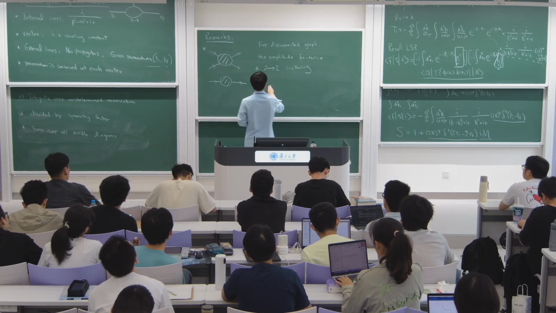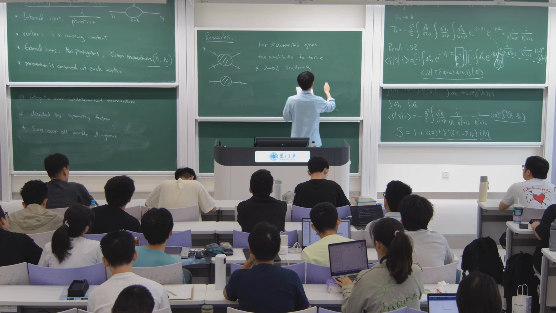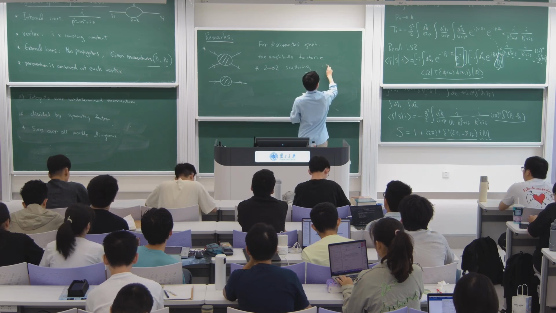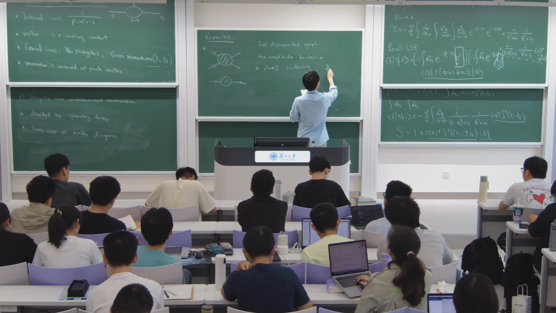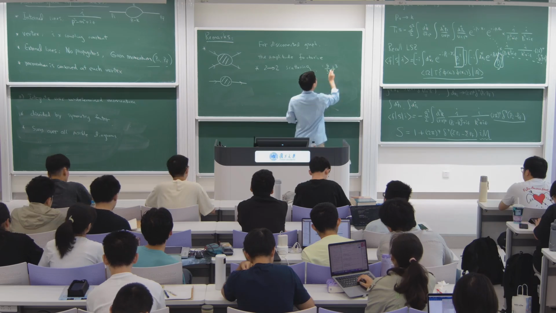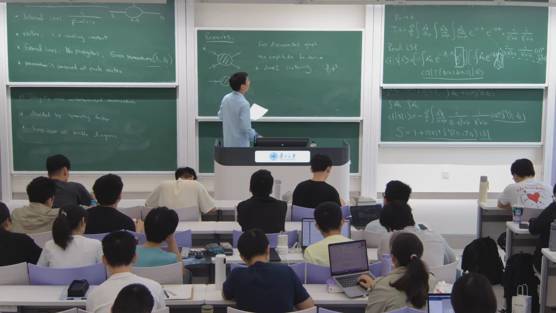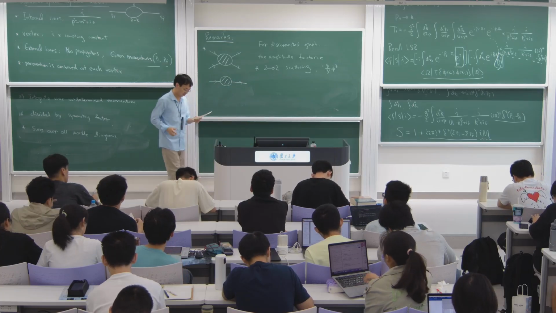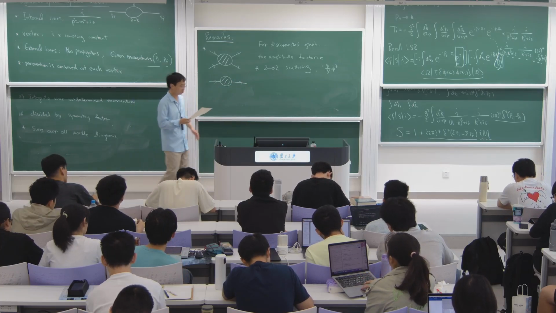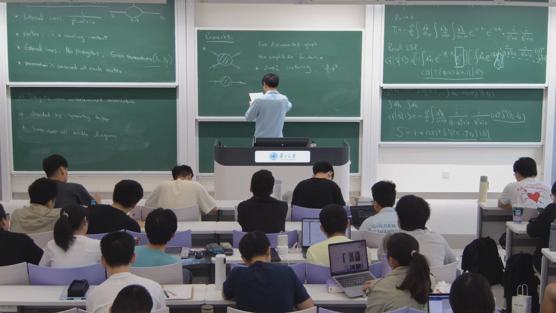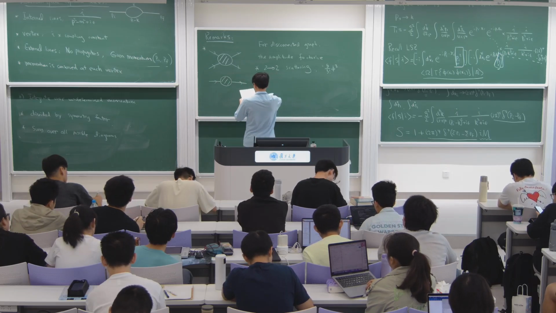For 2 to 2, let's think about the phi cubed theory. Now we think about the 2 to 2. The correct way to count all the graphs looks like this.